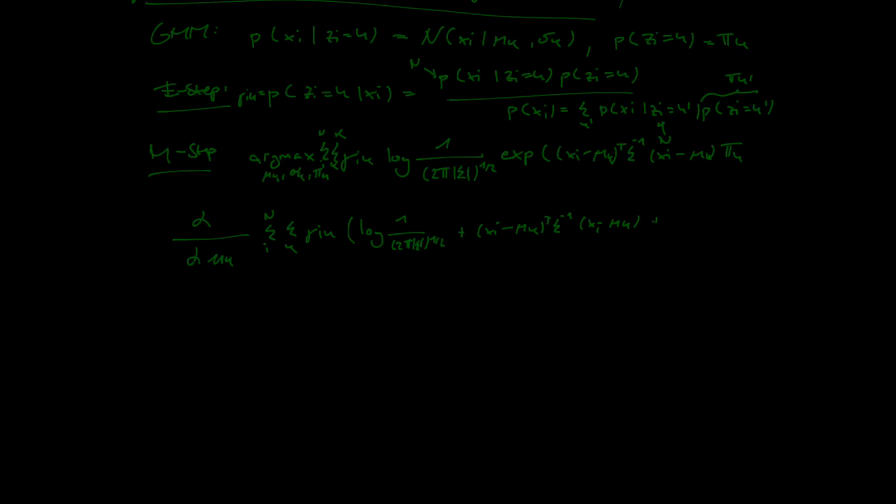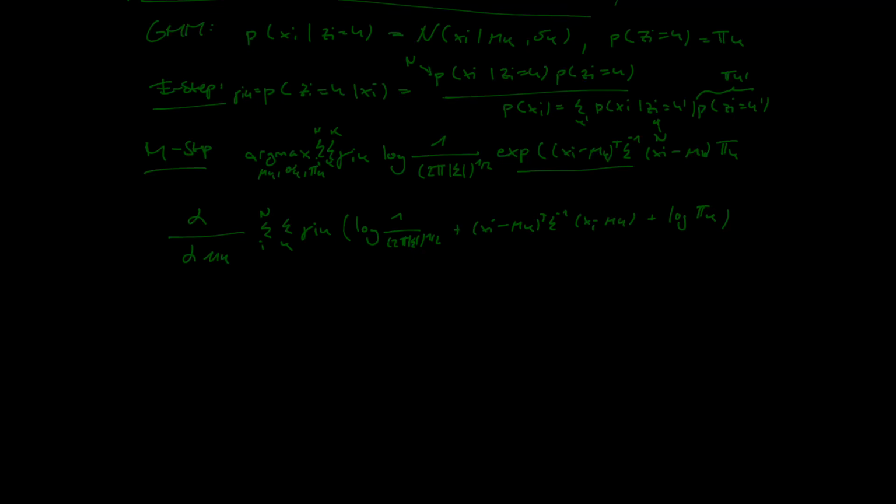Okay, and then again we have a log of this. And I forgot another thing. Of course, I forgot here the division through ik, which I now have to add here too, additionally with a minus sign, right?